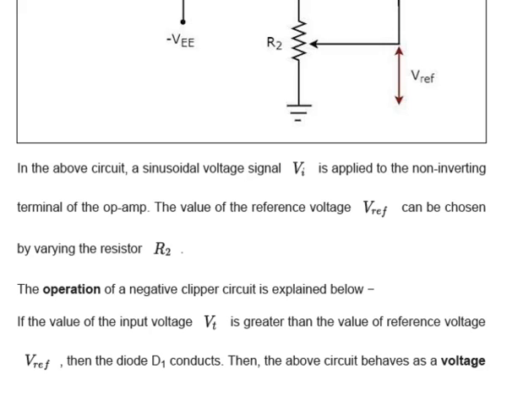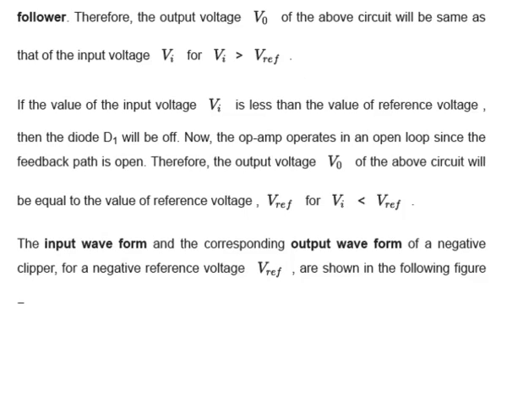If the value of the input voltage Vi is greater than the reference voltage V reference, then the diode D1 conducts and the circuit behaves as a voltage follower. Therefore, the output voltage V0 will be the same as the input voltage Vi for Vi greater than the reference voltage.